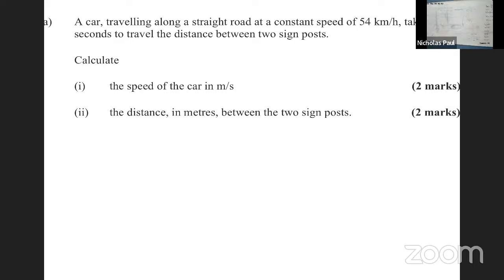Kavish, are you done? Vishal, you'll be helping with this one here.